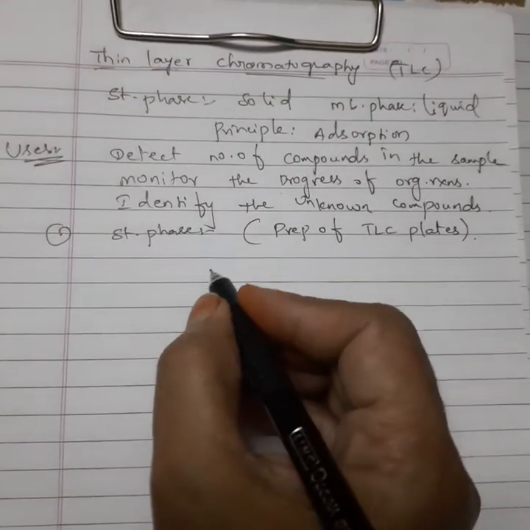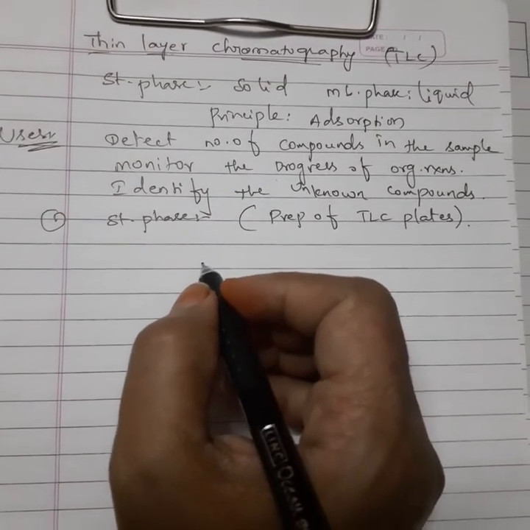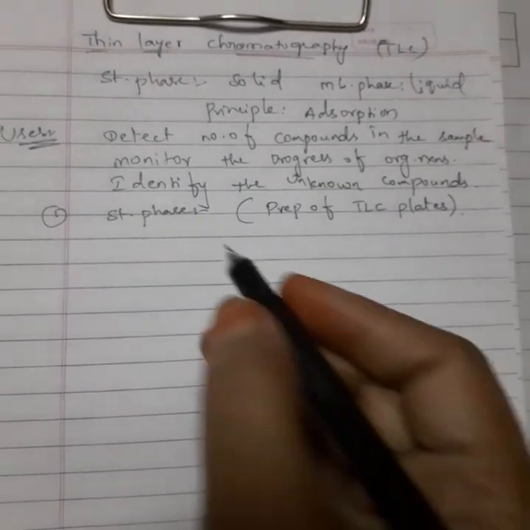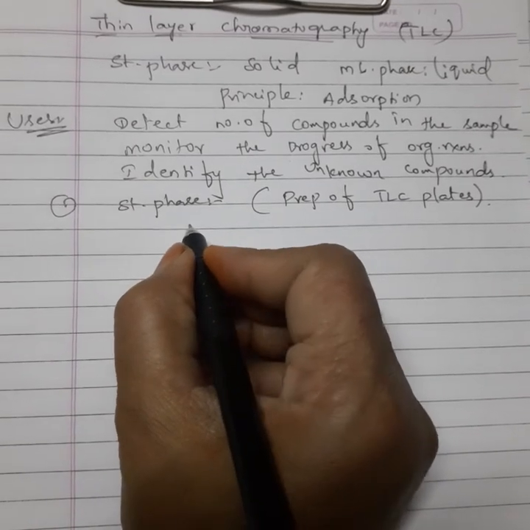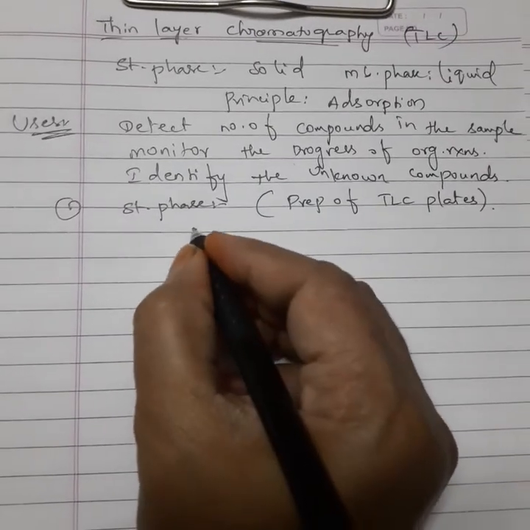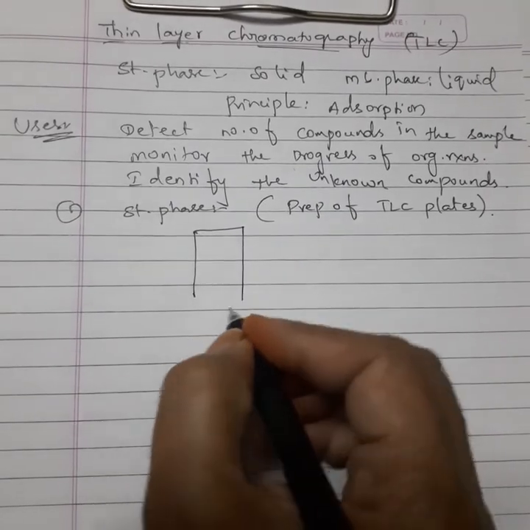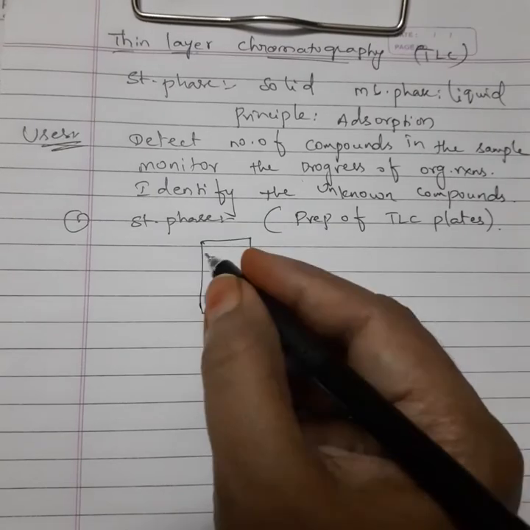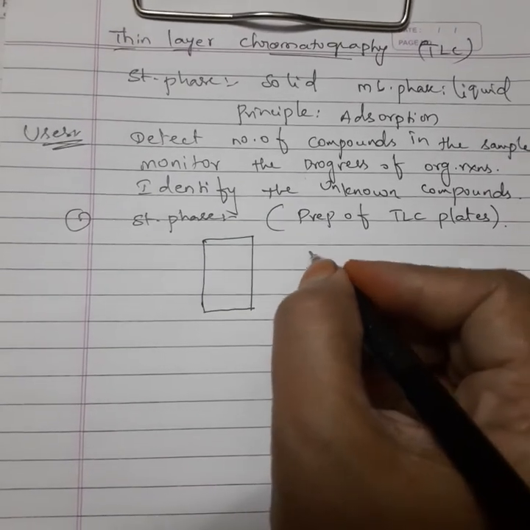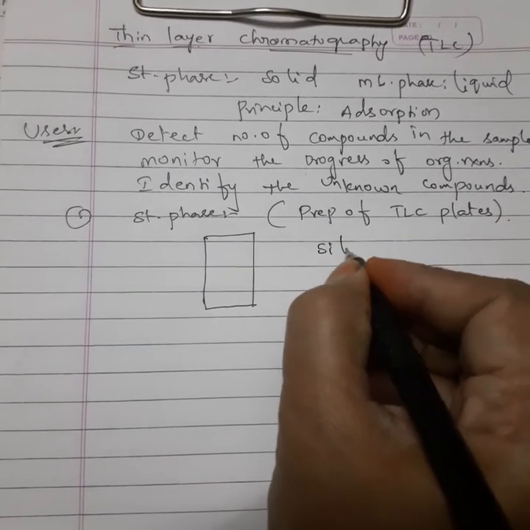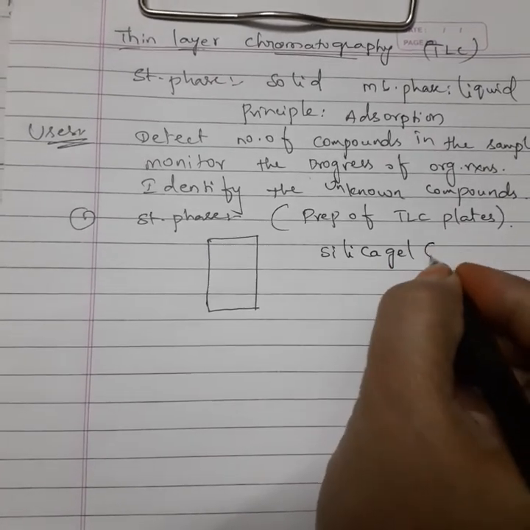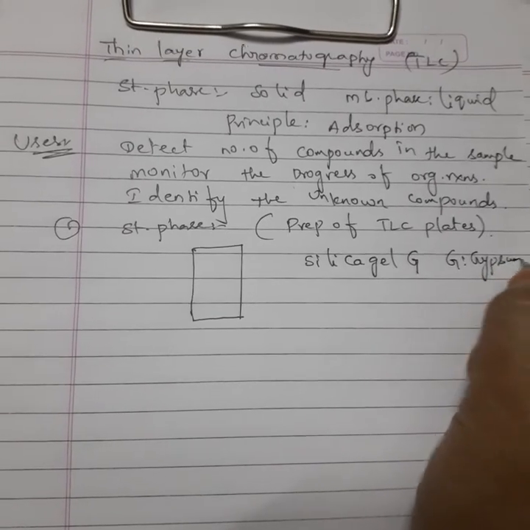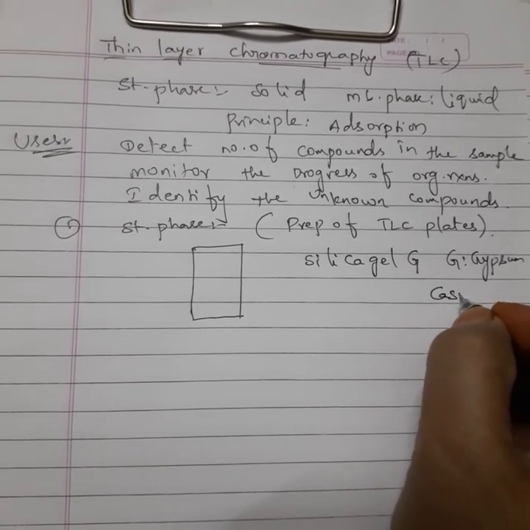You have a demonstration experiment of this TLC in your current lab. Here you need to take a separate TLC plate which is available in the market, or simply you can take a micro slide. To this slide we pour a slurry made up of silica gel G, where G means gypsum.